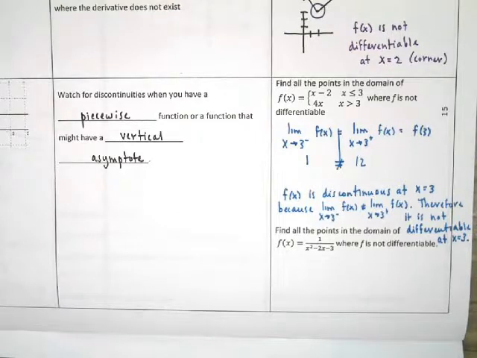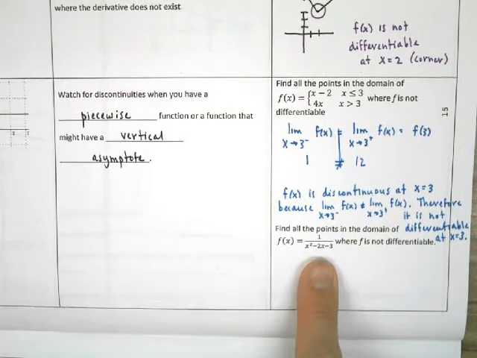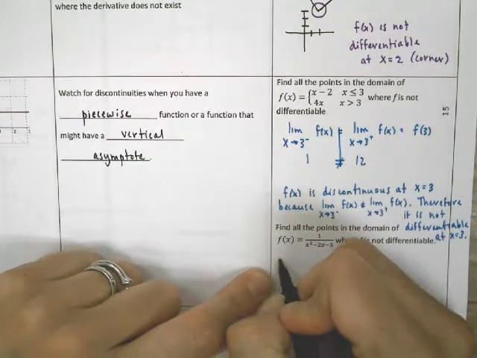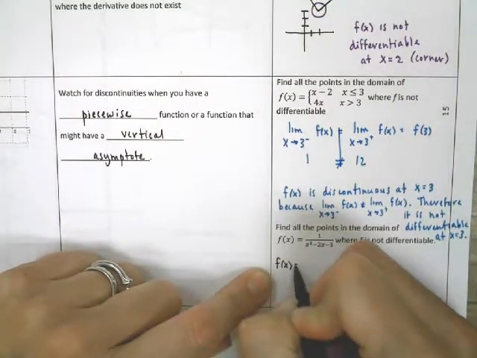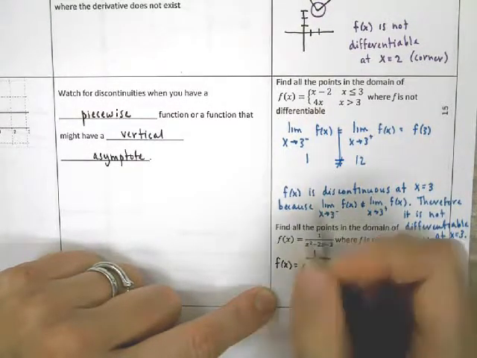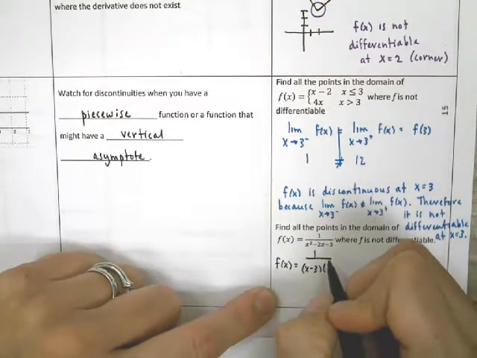Okay, now I also have a rational function here, and again it's asking me to find where that is not differentiable. Now I know when I have a rational function, I'm going to be looking out for any vertical asymptotes. So if I factor my denominator, I'm going to get, let's see, x minus 3 and x plus 1.